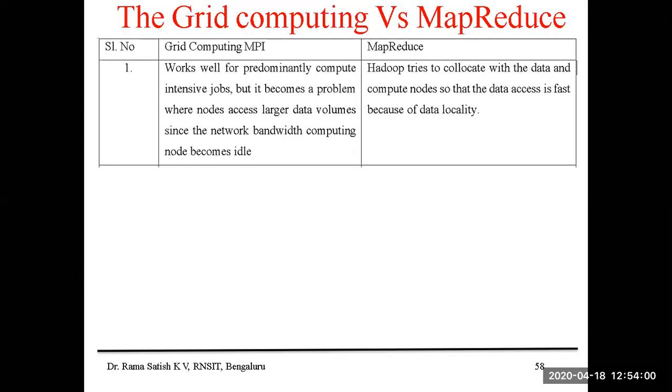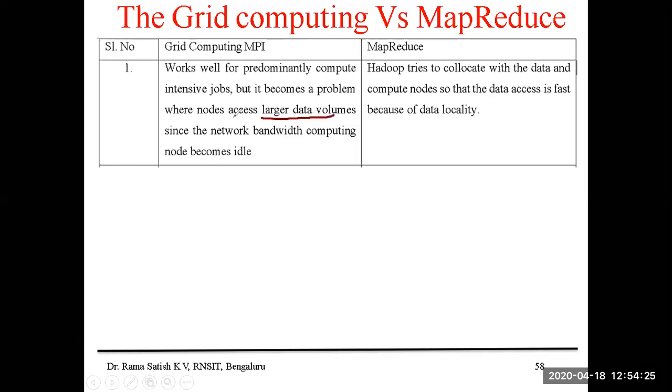The first difference, grid computing with message passing interface versus MapReduce: grid computing works well for predominantly compute-intensive jobs, but becomes a problem when accessing a large volume of data.